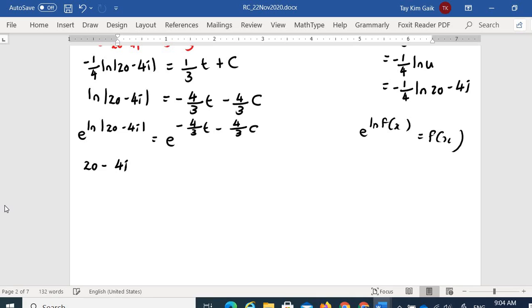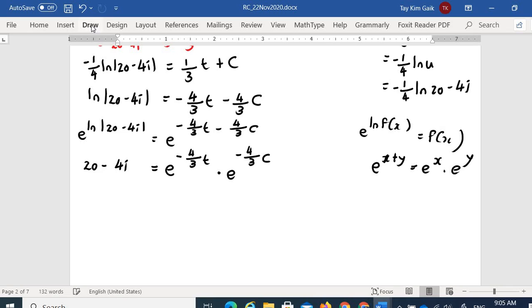So 20 minus 4i, and then the exponent on the right you can break using the index rule. Let's say you have e to the x plus y, it will be e to the x times e to the y.